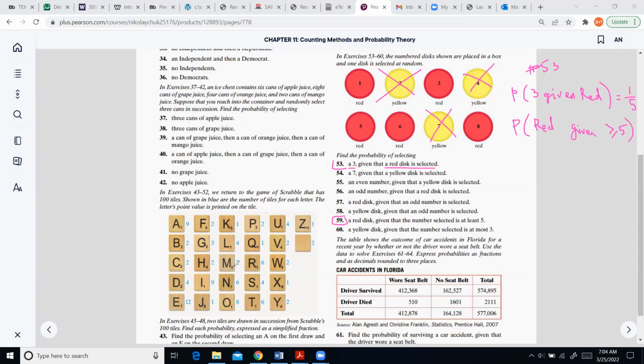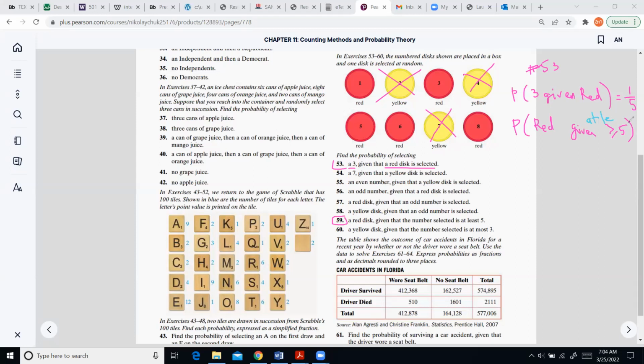Did you know that at least stands for greater than or equal? That's a very popular type of question, at least in A here. Very popular question in probabilities or statistics.